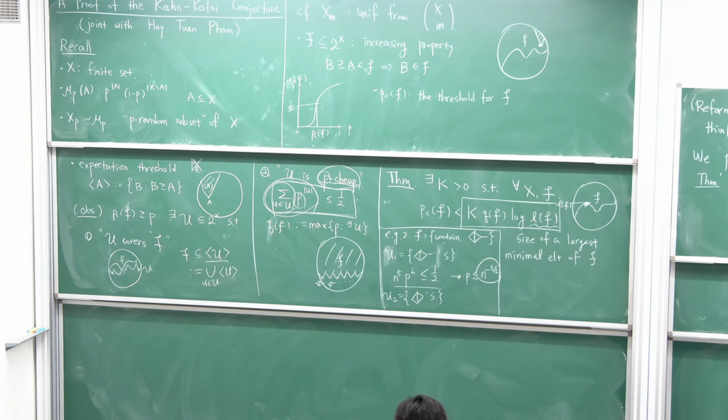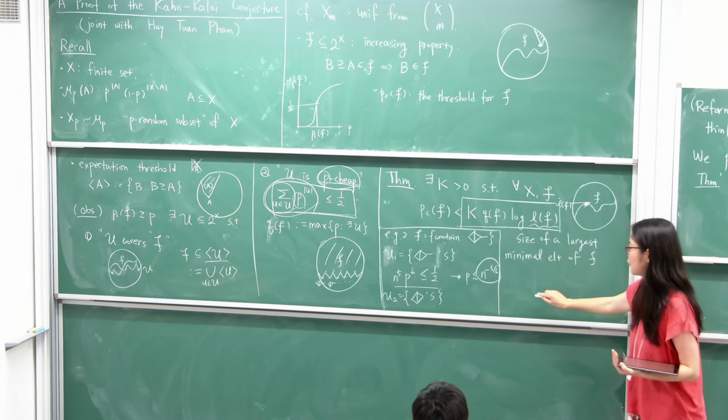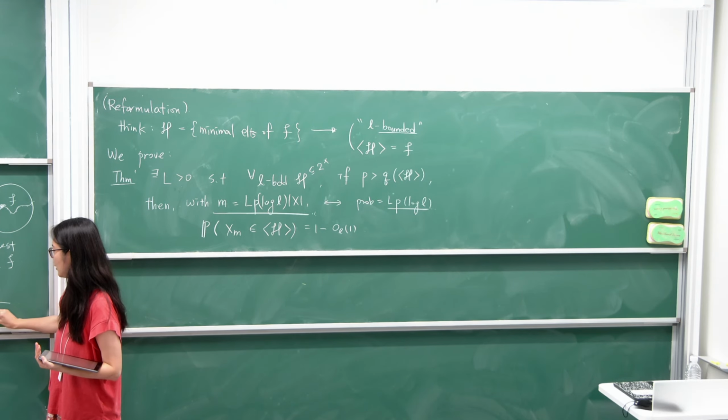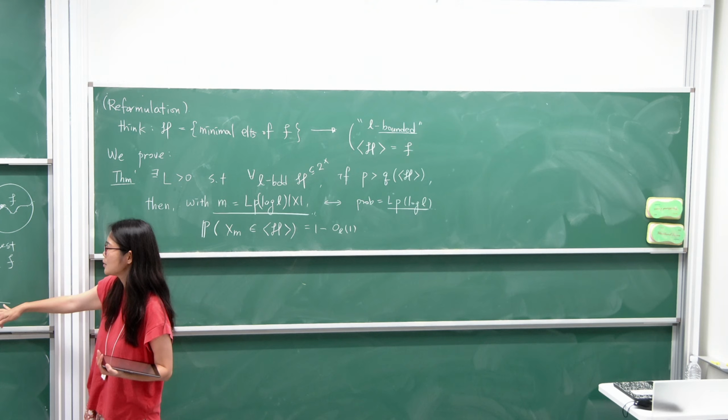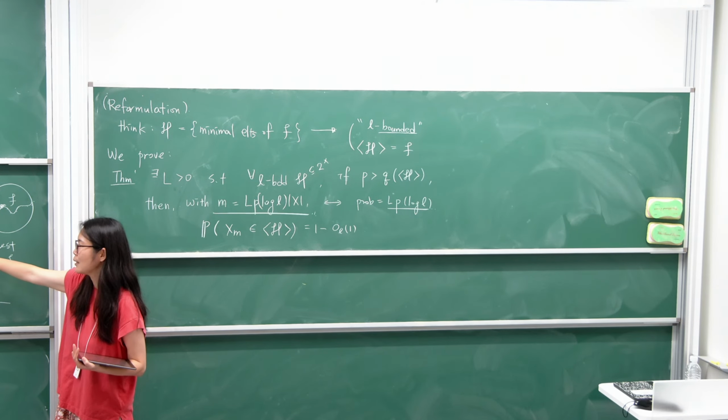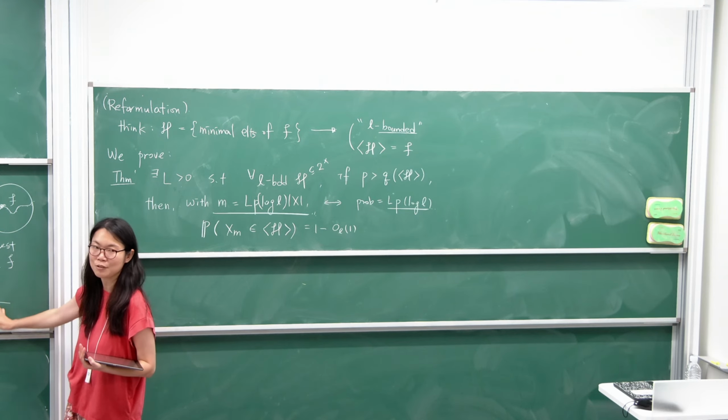Another thing is, in that theorem, we are interested in giving an upper bound on the threshold. What does it mean to give an upper bound? This is the definition of the threshold. Giving an upper bound means if we are above this, then it's very likely that XP satisfies a given increasing property.